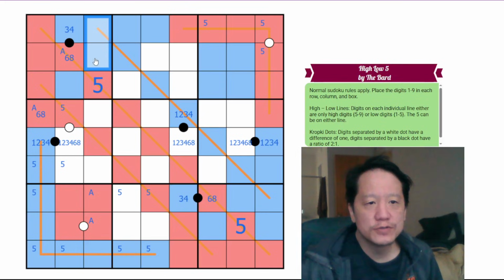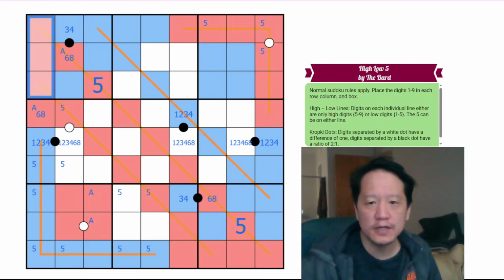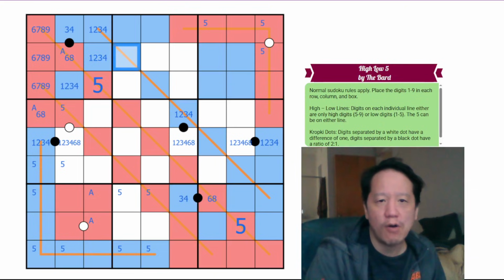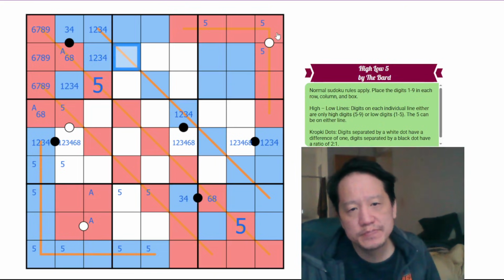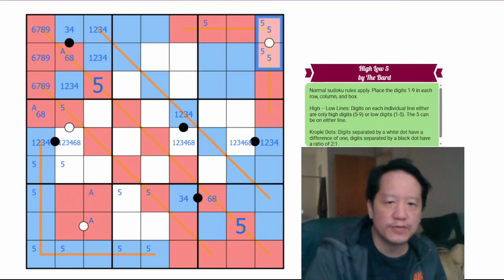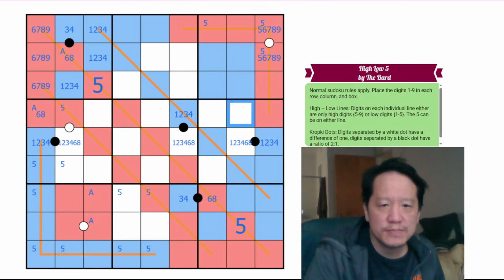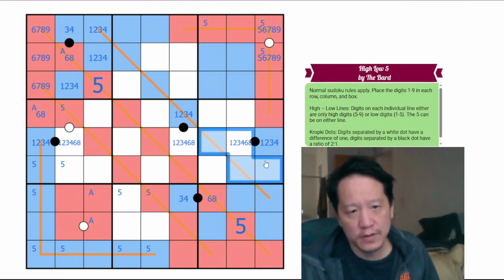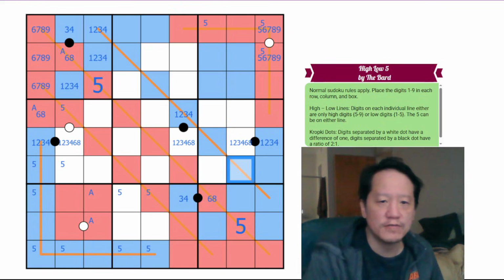3 or 4. This is 6, 7, 8, 9 here. This is 1 through 4, 1 through 4. This has to be 5 through 9, obviously. This can't be 5, so it's 1 through 4.